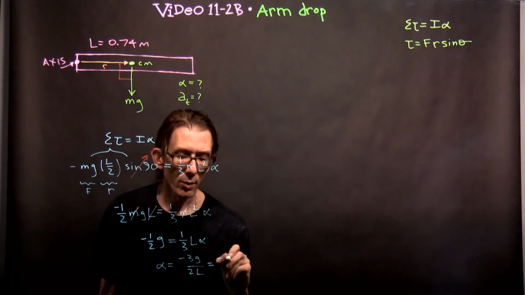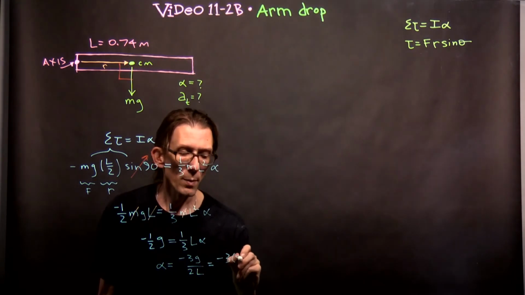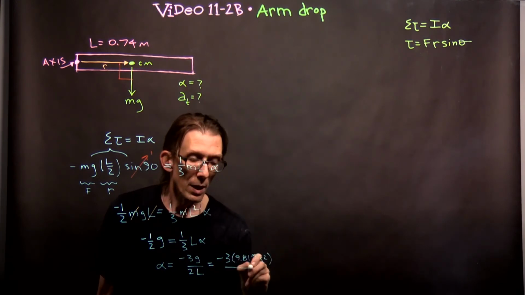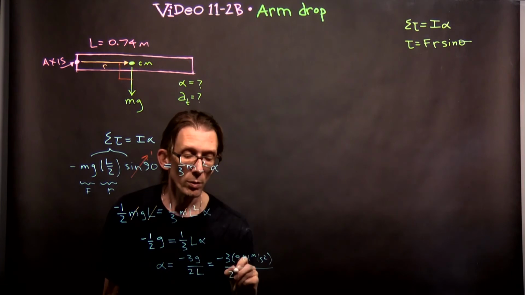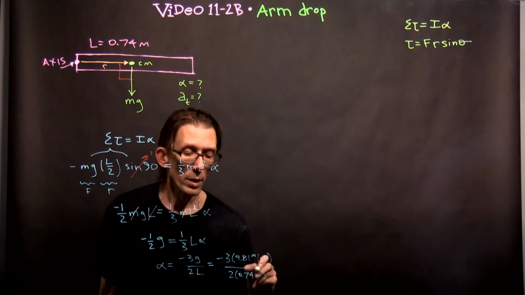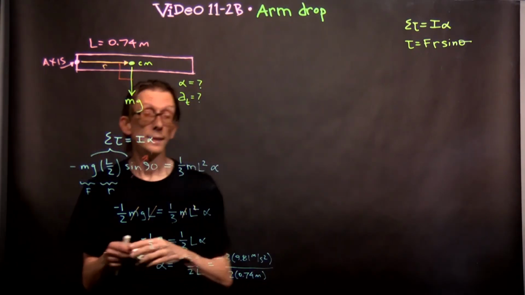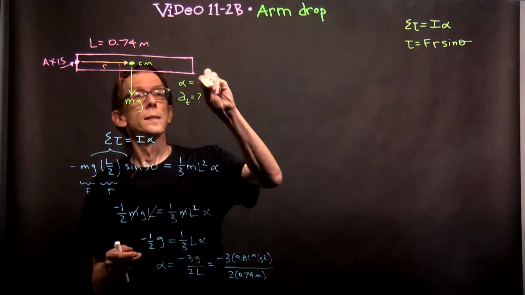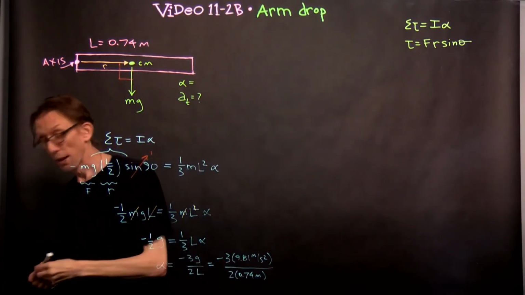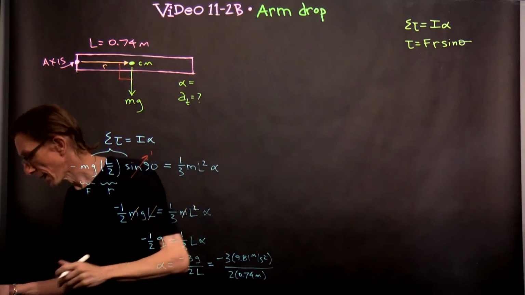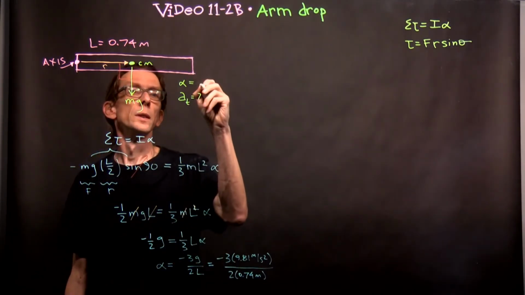Equals minus 9.81 meters per second squared divided by 2L, which is 2 times 0.74 meters. And when you do your math, you'll find out that the angular acceleration is equal to minus 19.9.